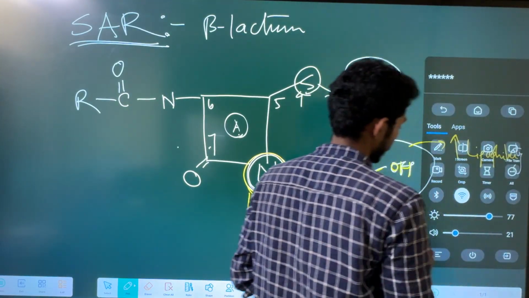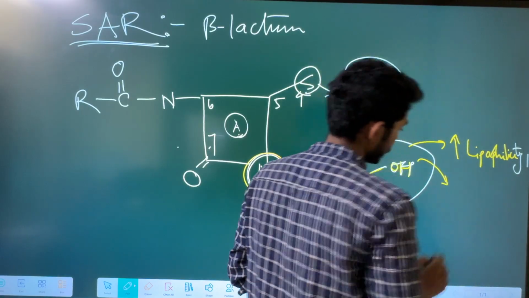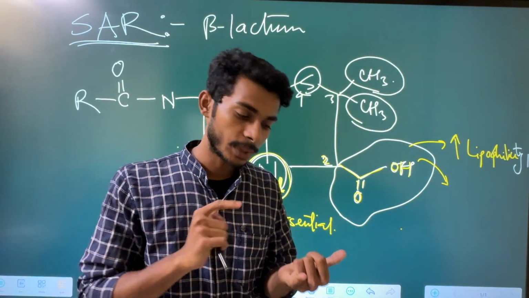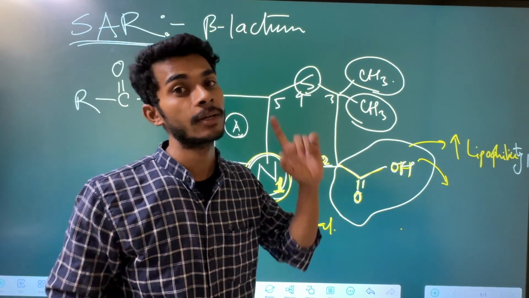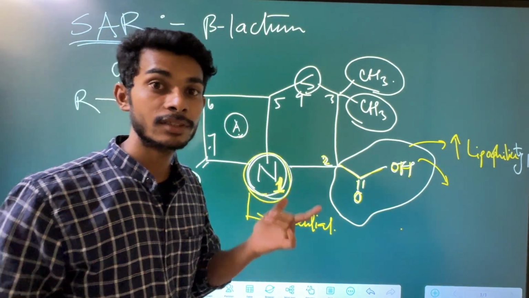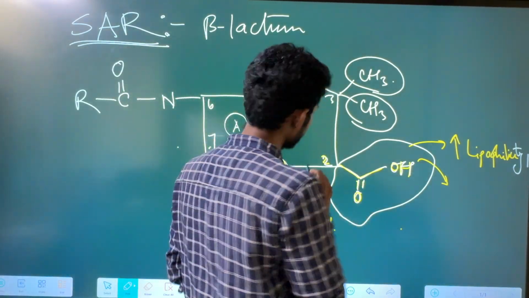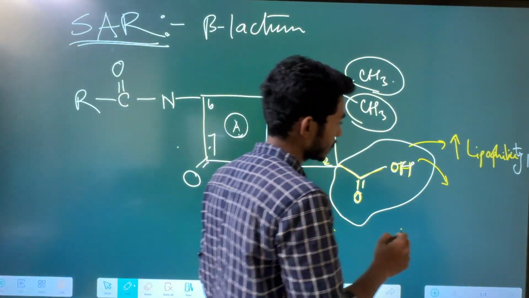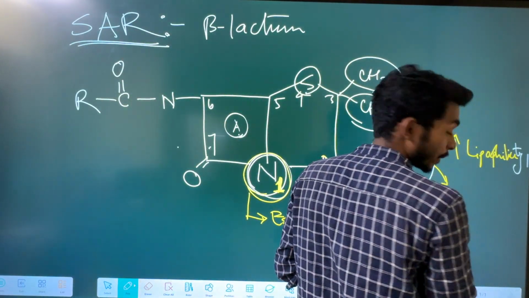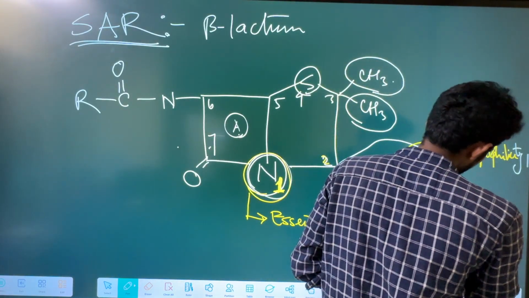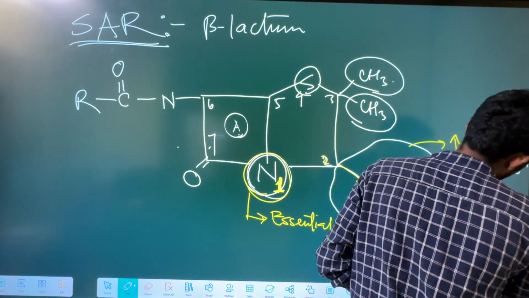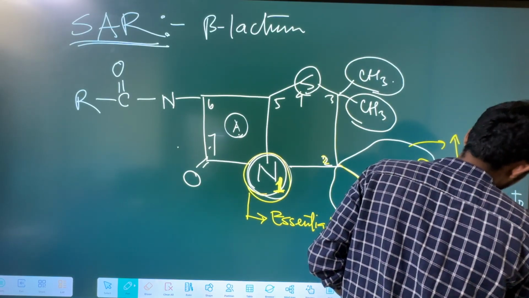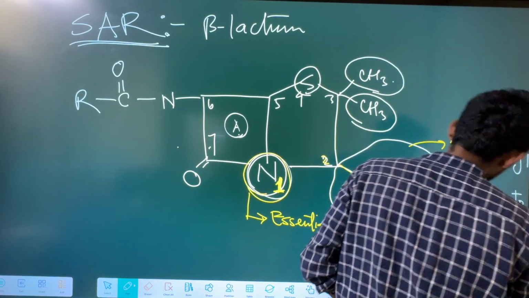Next, the second point is that this penicillin will bind to the penicillin binding protein present on the cell wall of the bacteria. This carboxylic acid group is the main reason through which penicillin binds to the PBP, the penicillin binding protein present on the cell wall of bacteria. So this is the main reason.